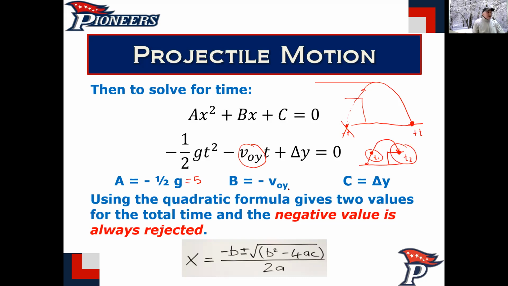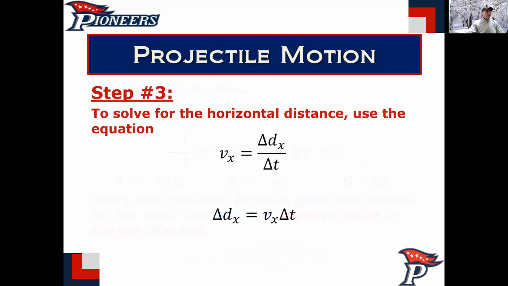And so you're going to take all these values, plug them into the quadratic equation, get the two values for time and pick the appropriate one. And then once you do that, for these problems, dx is going to be the unknown, as far as I can remember, almost every time, because dy is going to be given to begin with.